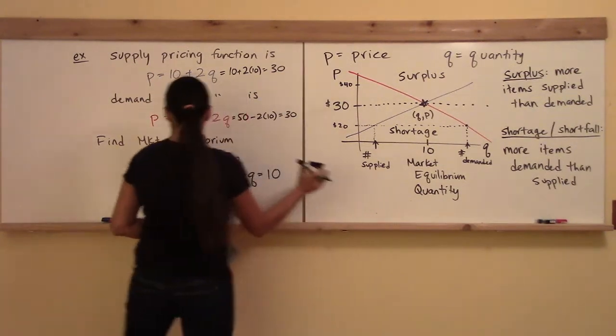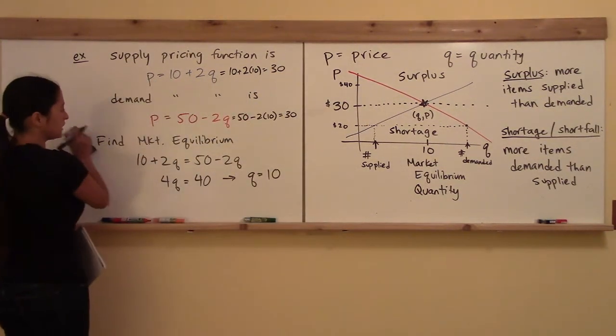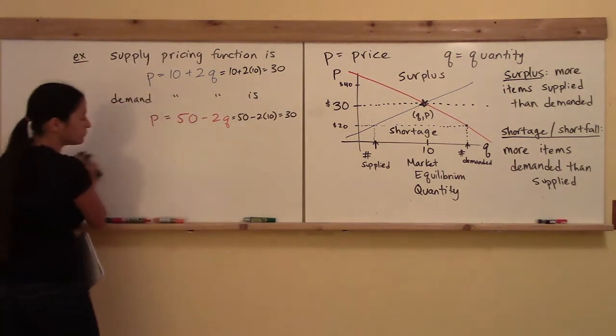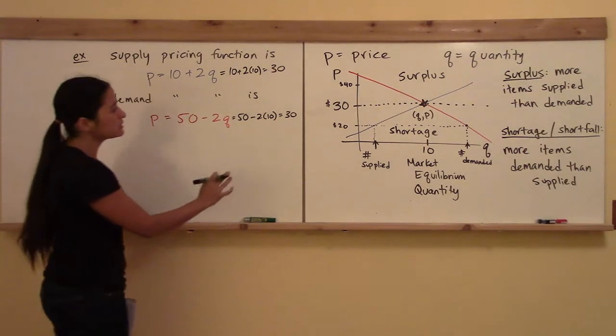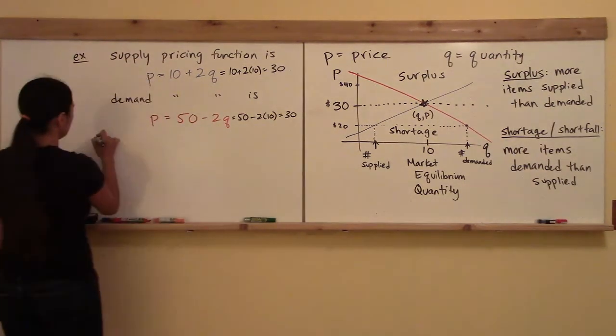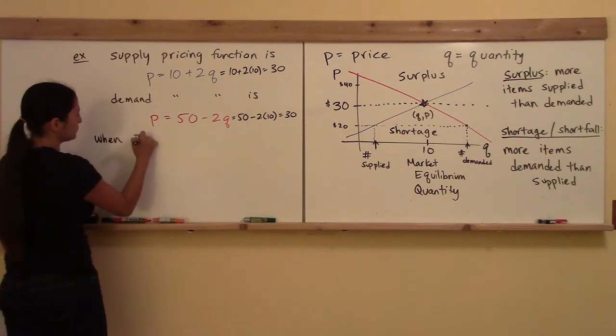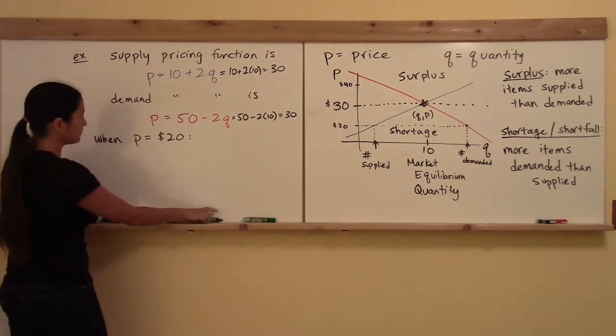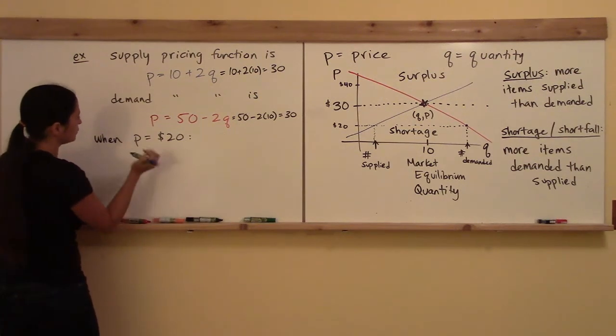Before we close this out, let me take these equations and show you that I can prove algebraically that at a price point of $20 here, I have a shortage. When the price is equal to $20, let's see the supply. I'll write that again in blue.